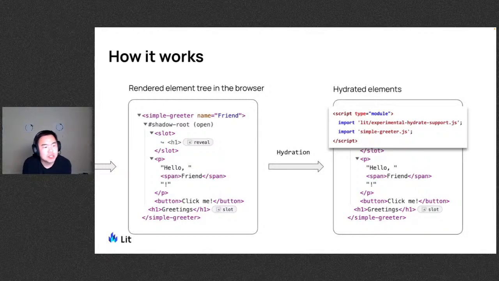The lit experimental hydrate support patches our LitElement so that when the component definitions are loaded, as the components upgrade, they will actually hydrate the component rather than trying to re-render them from scratch. By doing this, any parts that have interactivity, like this button here, we can have an event listener registered, just like that.